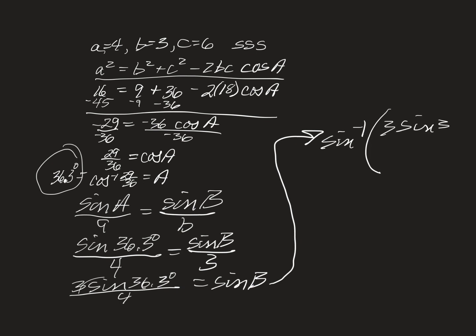And this is what I want to enter in my calculator. It'll lessen the round-off error that we've already introduced into the problem. All right? And it's perfectly fine to do it this way.